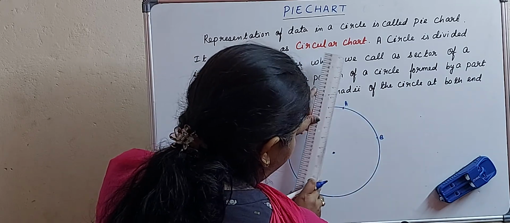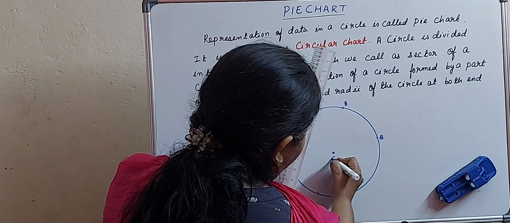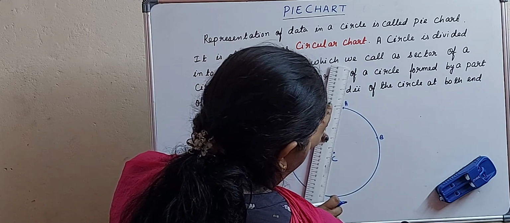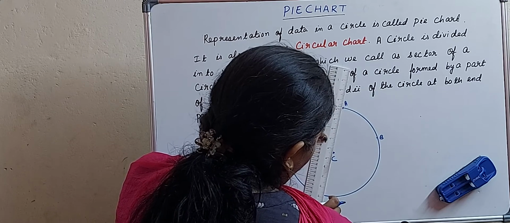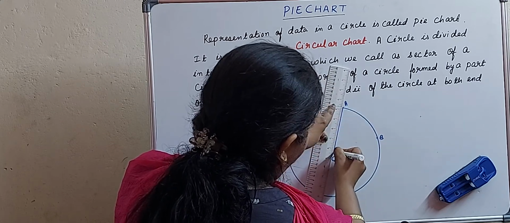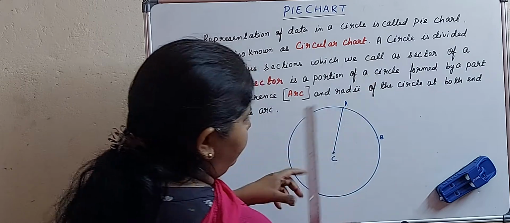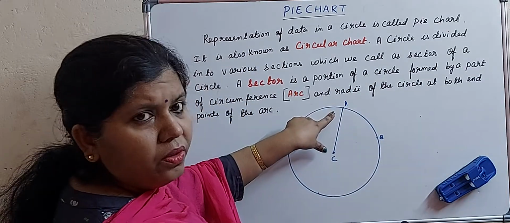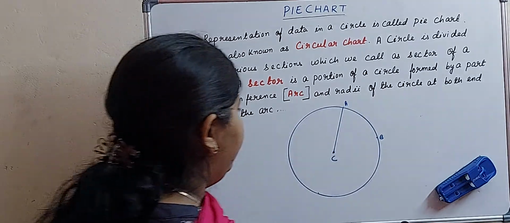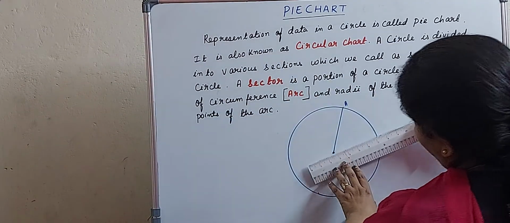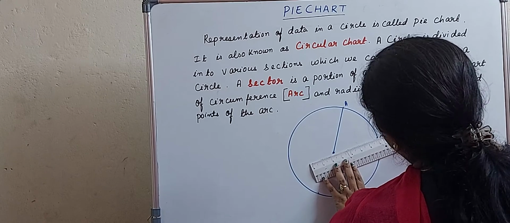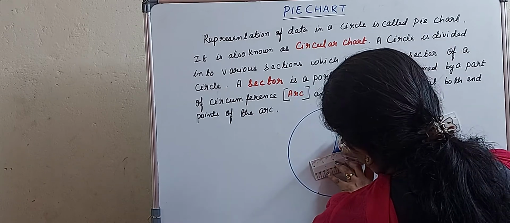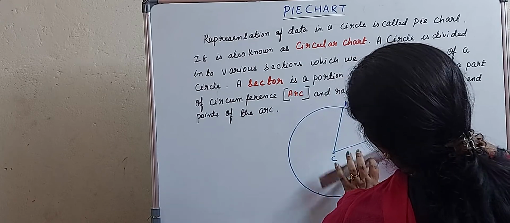From the center C, suppose the name of the center of the circle is C, I will join CA and CB. You have already learned, this is known as the radius of the circle, because this line is from the center towards the edge of the circle, on the circumference, or any point on the circle you say.